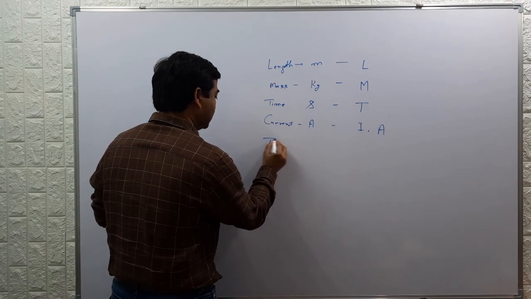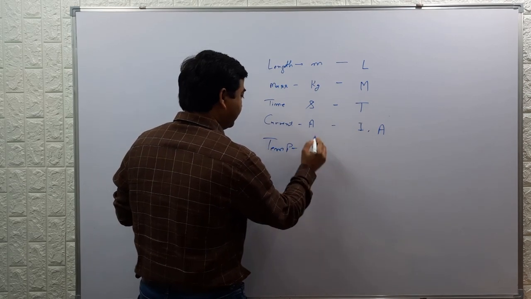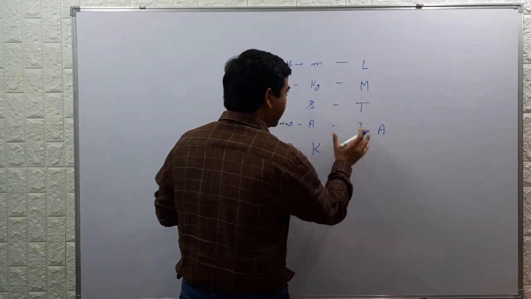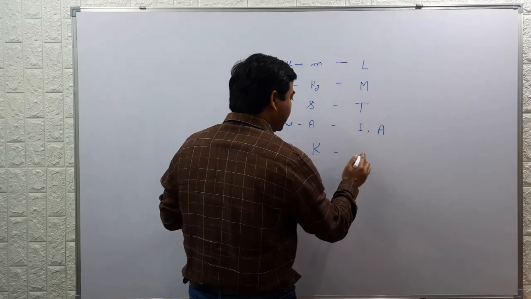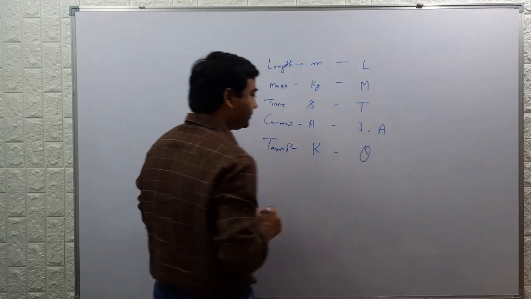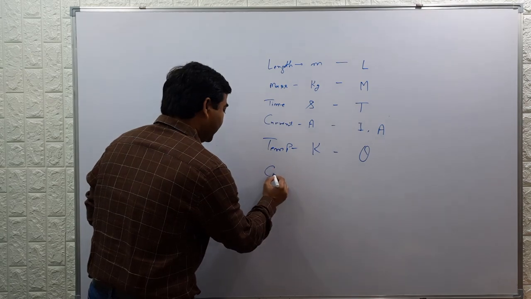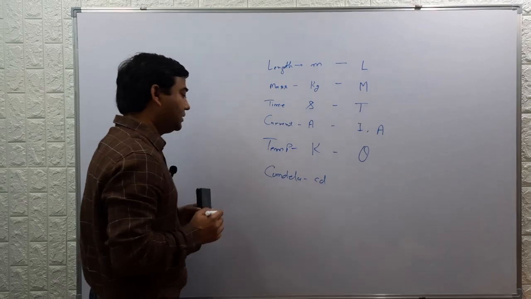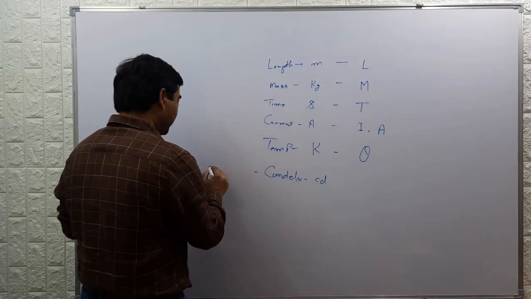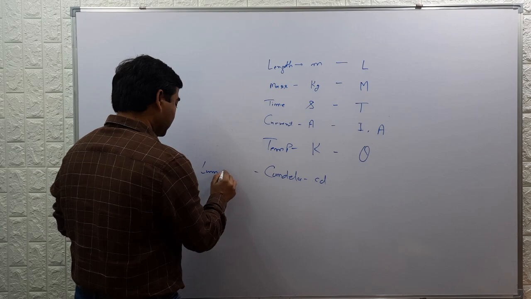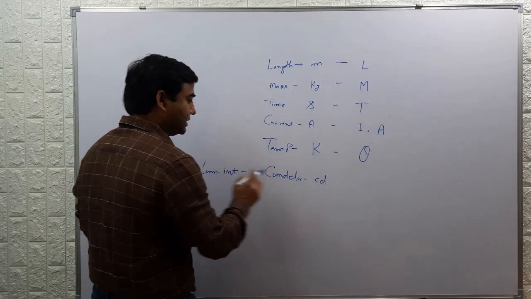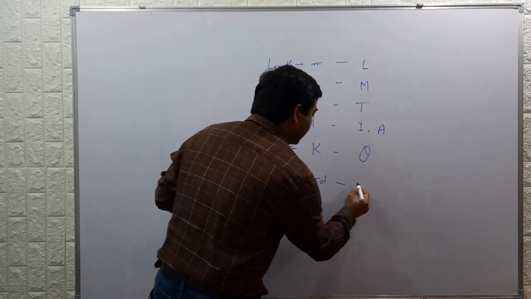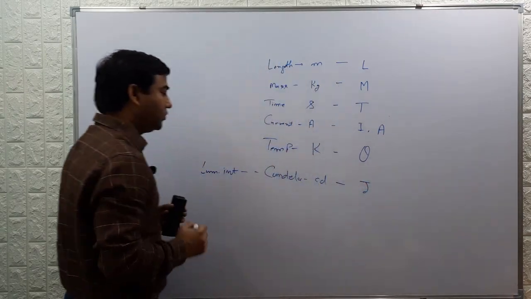Next, Kelvin, temperature. Temperature is represented by Kelvin in SI units, and its dimensional symbol is theta. Next, candela, CD, for luminous intensity. Luminous intensity, its unit is CD, and its symbol is J in dimensional formula.